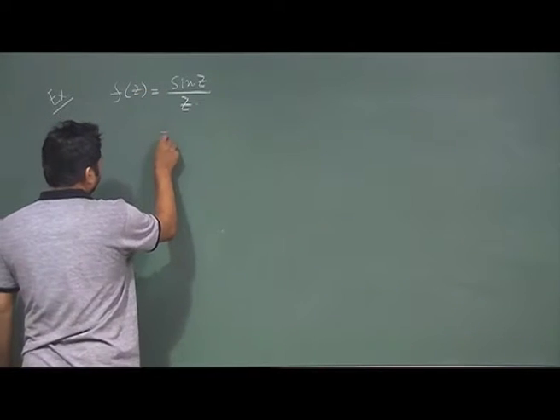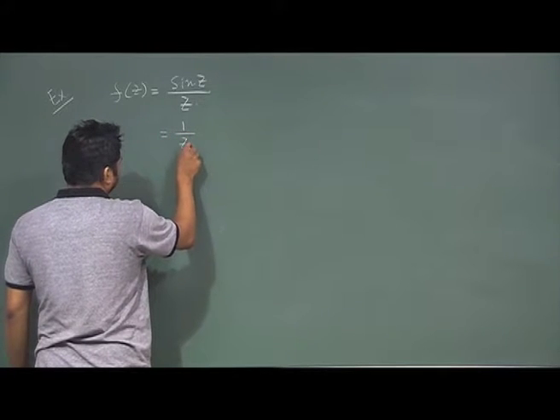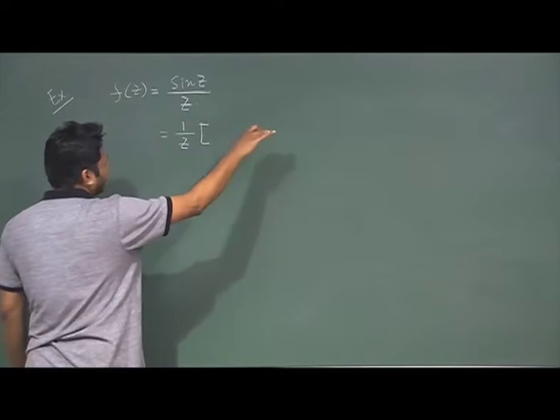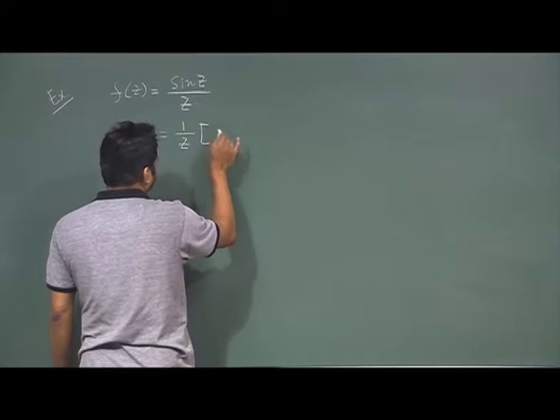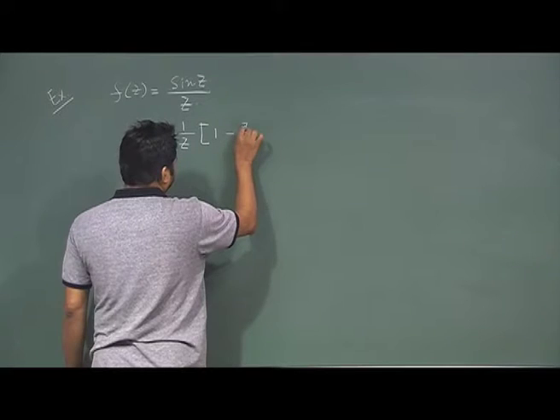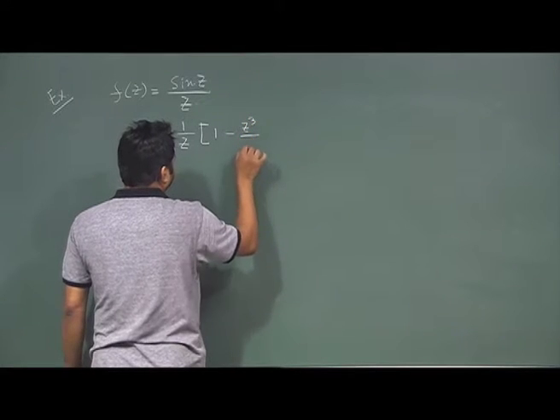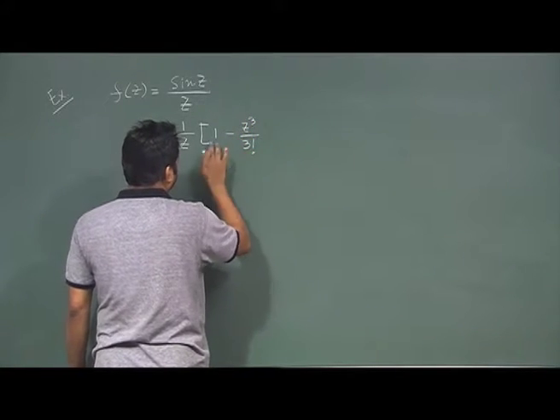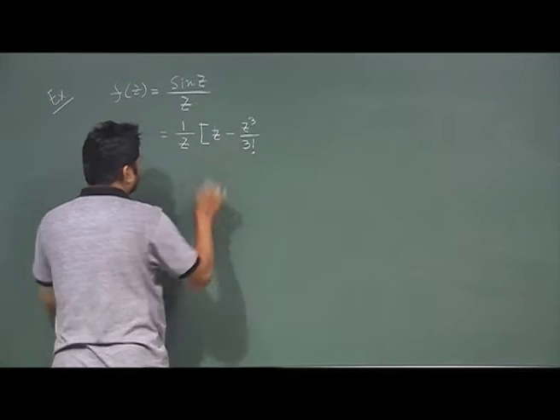If I now try to expand this function, 1 by z is okay, and sin z I can expand in terms of a series. First term is z, second term is minus z cube divided by factorial 3, then z to the power 5 divided by factorial 5, minus z to the power 7 divided by factorial 7 and so on.